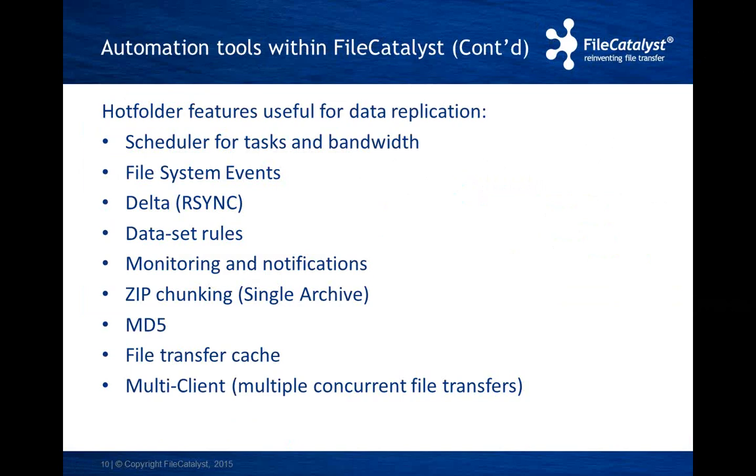We have different rules on the data sets, and we have rsync built in. We have monitoring, different ways of monitoring the transfers from hot folders, server, and also our central product that allows you to see all the transfers at a glance in a web application. We have single archives, so if you're transferring thousands of files, you can put them into a single archive and transfer one. Cache, MD5, and multi-client. Some of the features here that are interesting for automating.